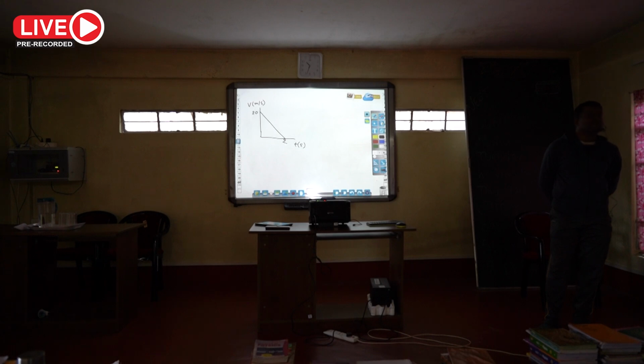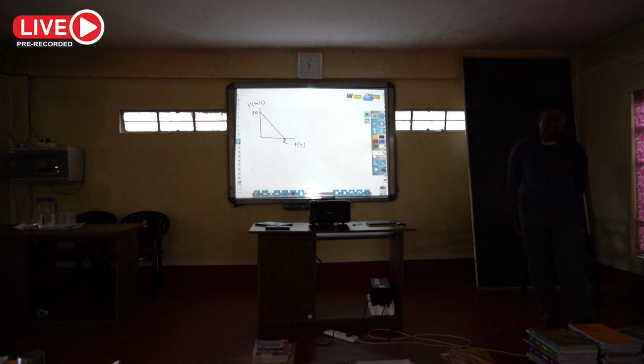Don't try to calculate force and force multiplied by displacement, because in that case first you have to calculate the area under the curve to find the displacement, then take the slope of the curve to find retardation, multiplied by mass will give you force, then force into displacement will give you the work done. Use some other formula, the work energy theorem.